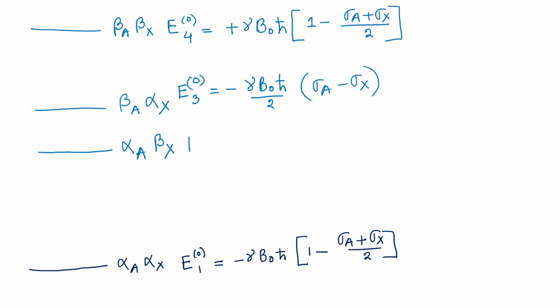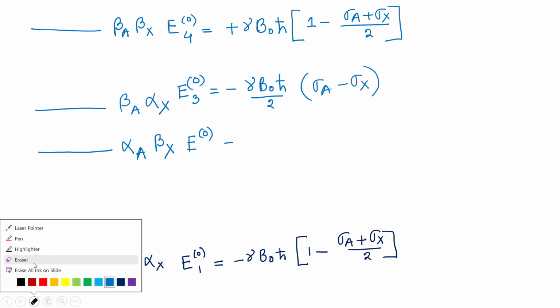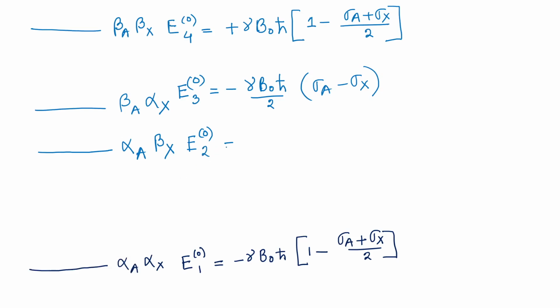And this is, sorry, minus gamma b0 h cut by 2 sigma x minus sigma A.